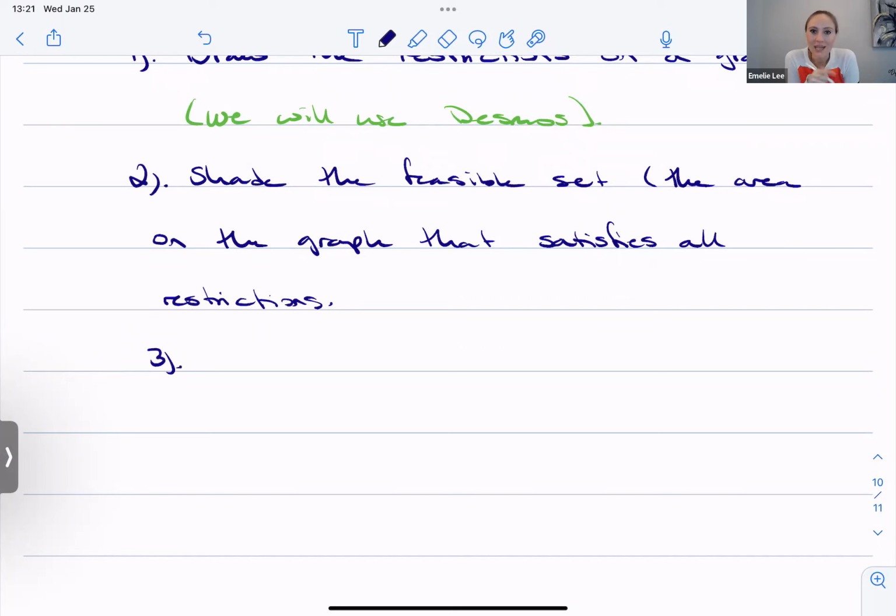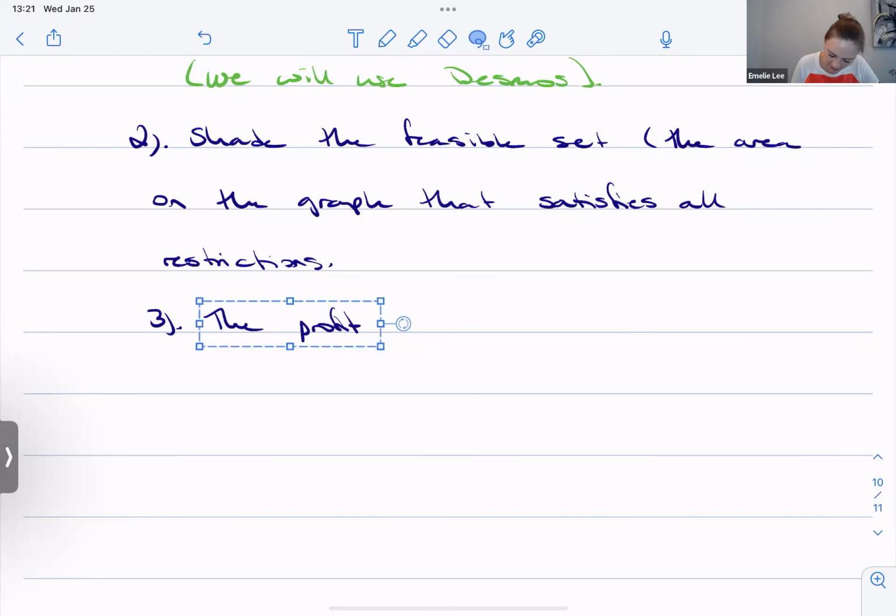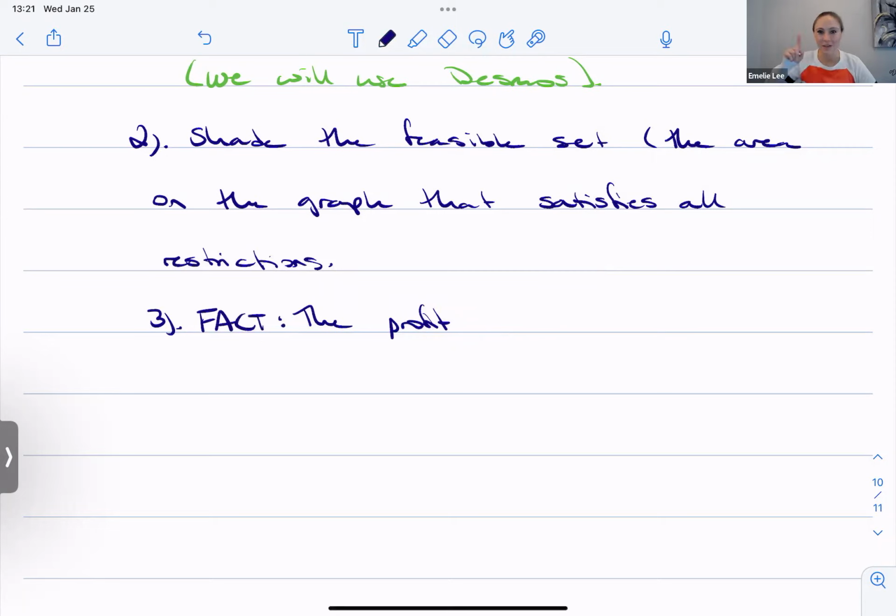but we want to maximize it. Now, here's the fun part. The fun part is that the profit will be maximized at one of the corners. Okay, so one of the corners of the area of the feasible set will maximize the profit function. The profit is maximized at one of the corners.